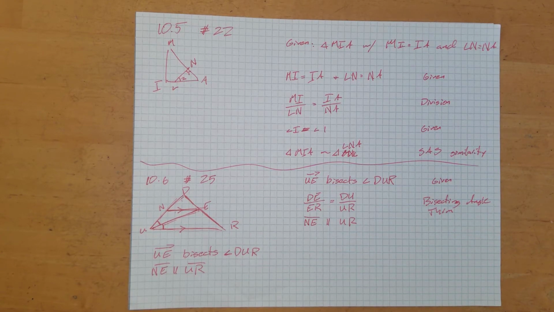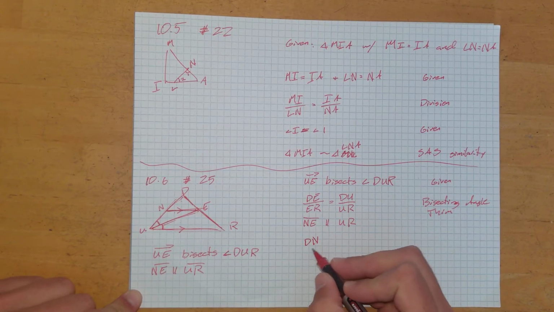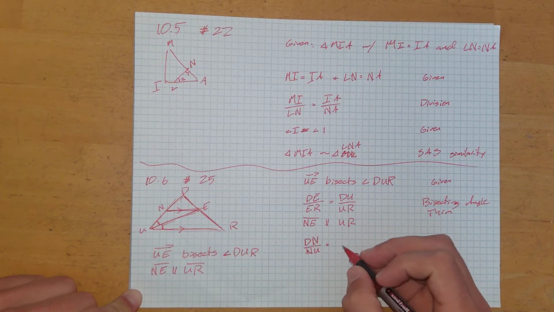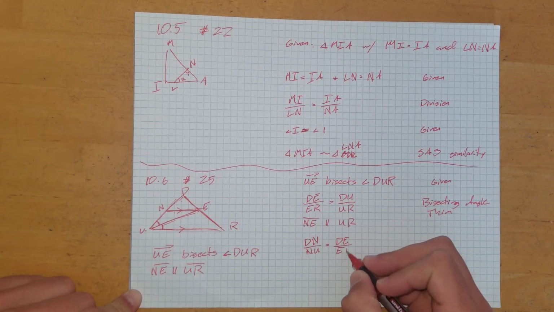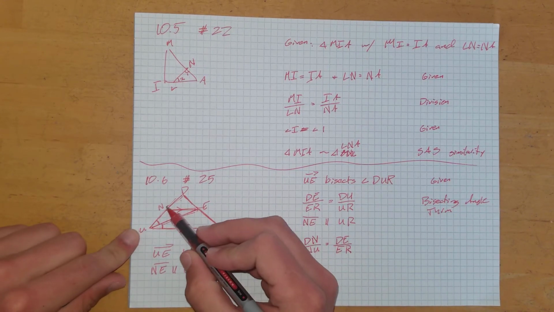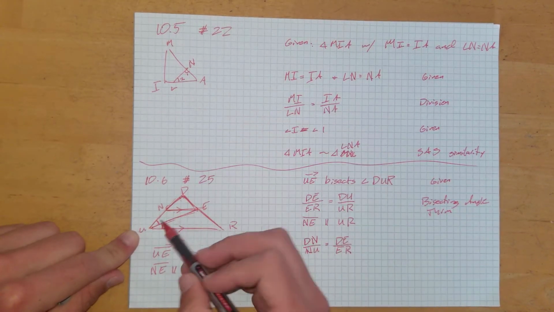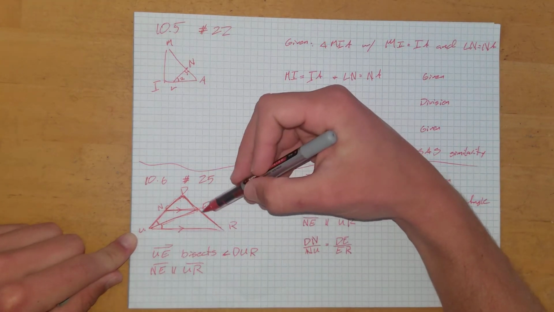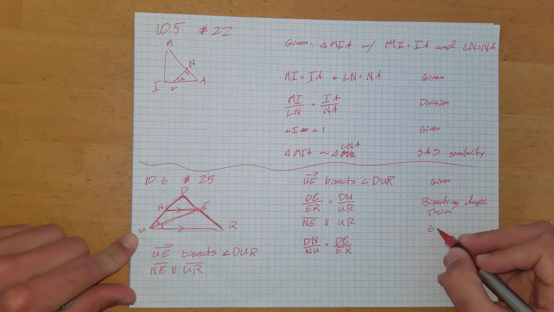So the side splitter theorem will give us that dN over NU is equal to dE over ER. So dN and dE are proportional to NU and ER. So again, we get that from the side splitter theorem. Oh, sorry, given.